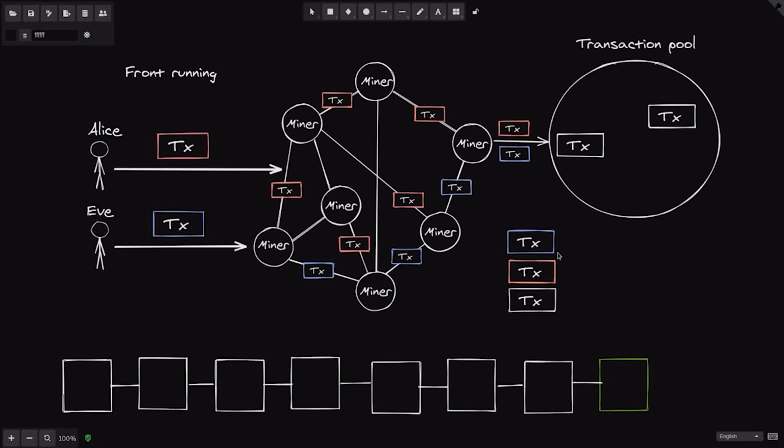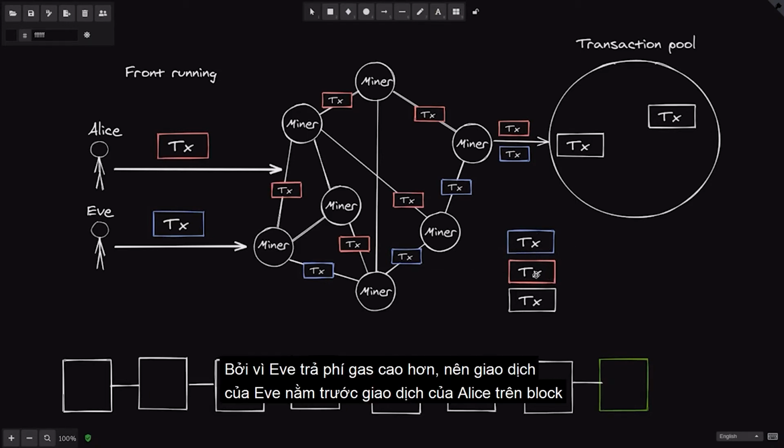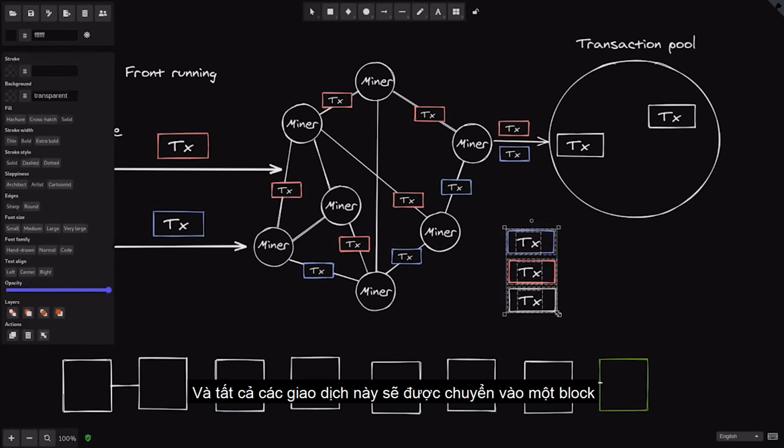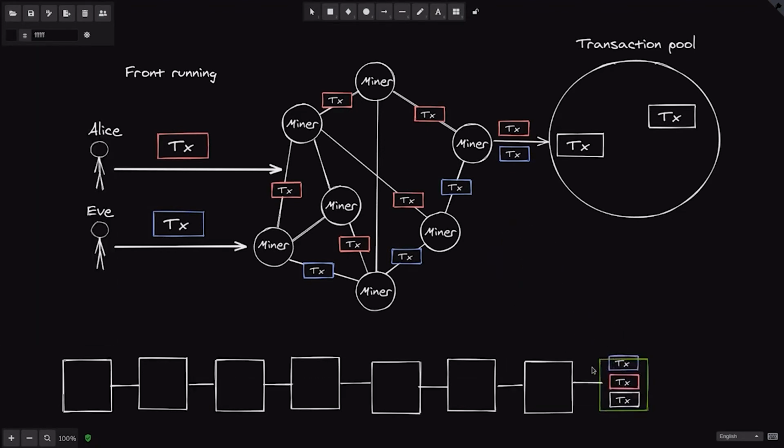Here, let's say that Eve's transaction comes before Alice's transaction because Eve paid a higher gas price than Alice, and this transaction gets included into the block. So the end result is that although Alice sent the transaction first, because Eve paid a higher gas price, her transaction was included before Alice's transaction.